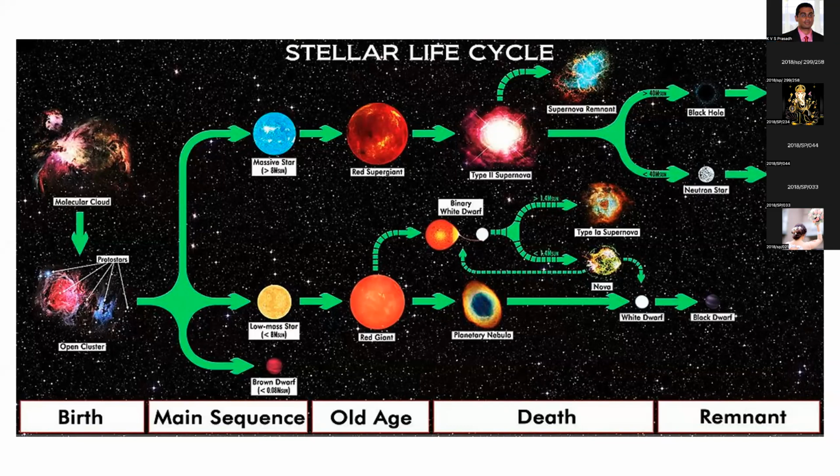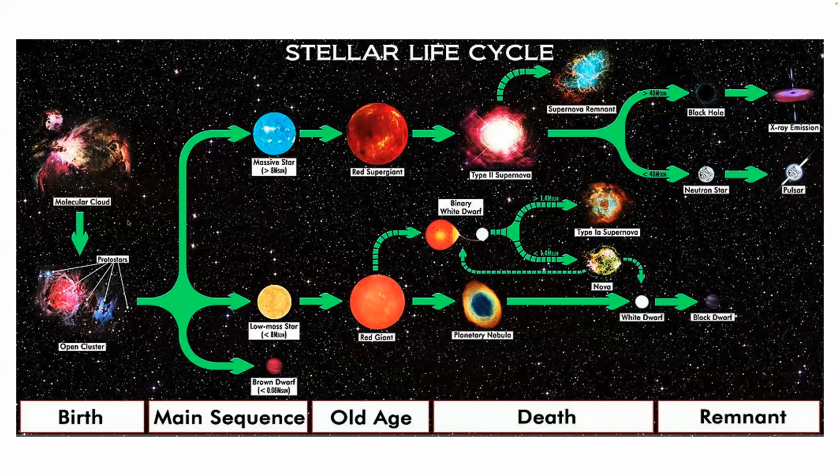And once you have the protostar, based on certain properties of the protostar, there will be a birth of a star, and the initial mass of that star will depend on some properties of the protostar, and based on the mass of that initial star, the evolutionary process also will be different, right?